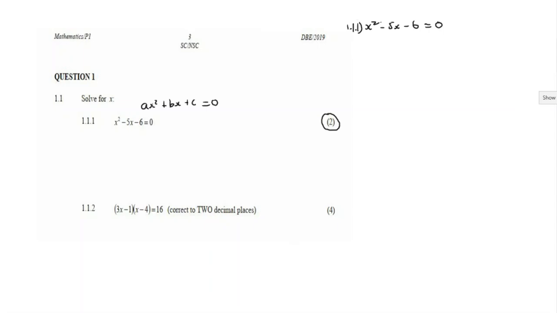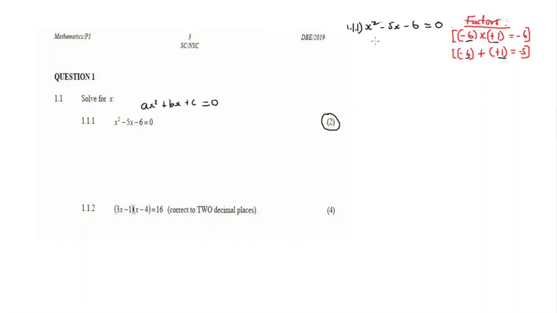So those two numbers are minus 6 and 1. Minus 6 multiplied by positive 1 gives negative 6, and negative 6 added to positive 1 gives negative 5.